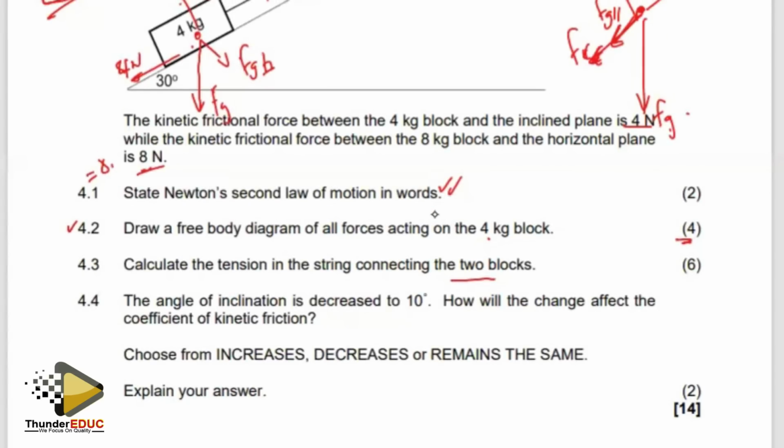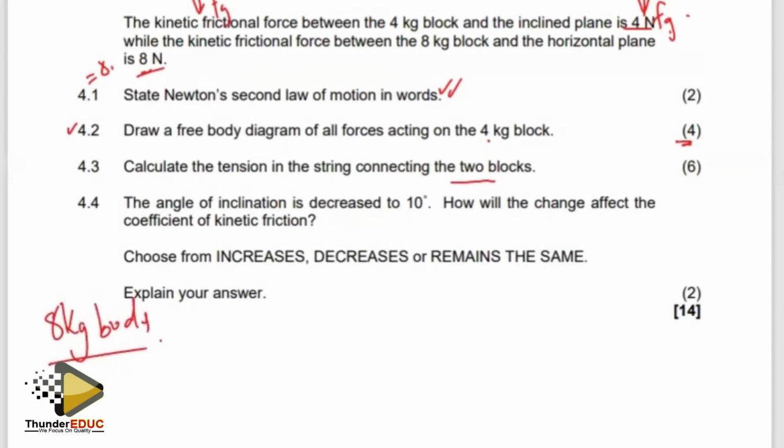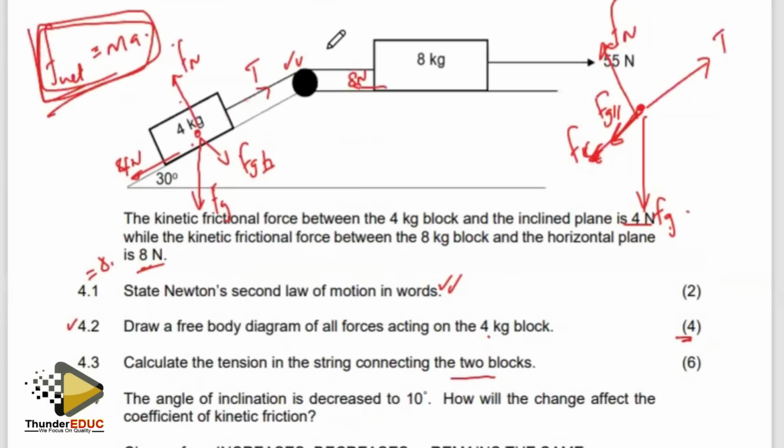If I look at the 8 kilogram body, if I use the F net is equal to ma, I'm seeing the tension and the friction. This tension here is going to act in the opposite direction, the same direction like the friction.